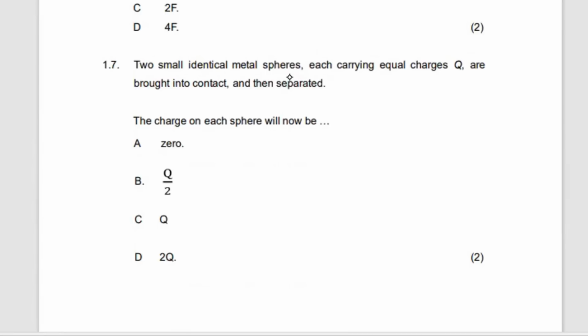If we're looking at 1 over 0.5 squared, when you simplify that, that's going to give us 4 times 1 over r squared. So the force is going to be 4 times bigger. As you decrease the distance, the force will increase.